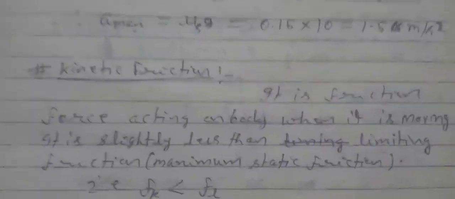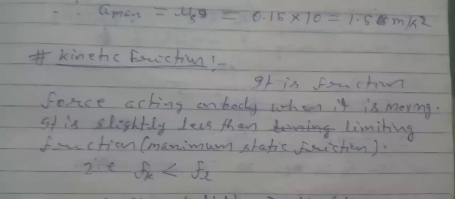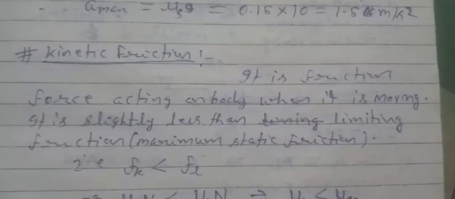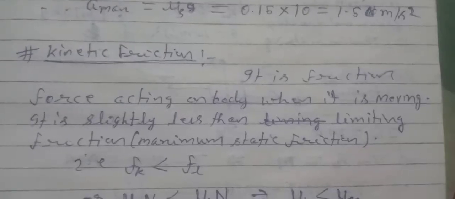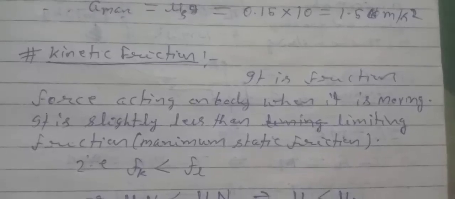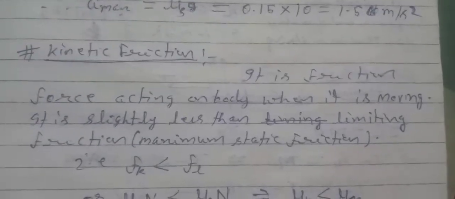Our next topic is kinetic friction. It is the friction force acting on a body when it is moving. That is, when a body starts to move, the friction force acting on that body is called kinetic friction.